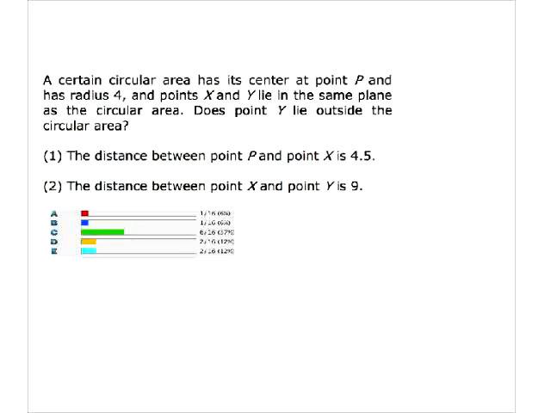And right now, X and Y are random points. This is an important observation to make. In the problem statement, X and Y are completely random points in the plane. That's important to dismissing statement 1 very quickly.